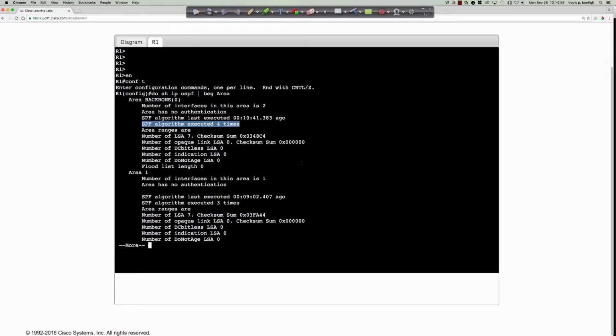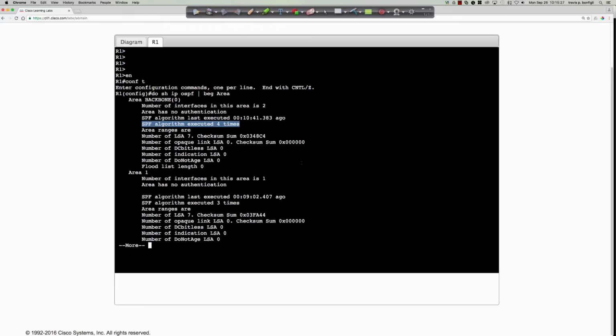It could be a change in the auto-cost reference bandwidth setting, if we are going around changing what the auto-cost reference bandwidth should be throughout the environment. Actually, I'm not sure if that would make the change. We'll see if that forces a run of the SPF algorithm or not, but that would change the metric that is going to be used by a specific router.